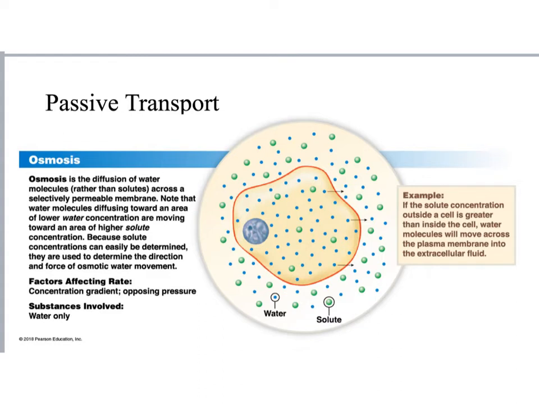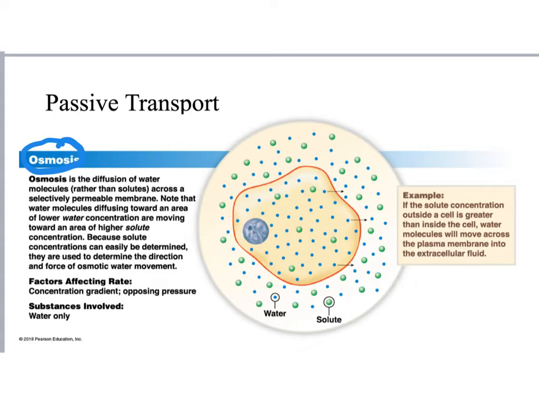Another form of passive transport is really just a modified type of diffusion called osmosis. So osmosis is the diffusion of water. Diffusion can refer to any substance that moves from high to low concentration. When we're talking about water in particular moving across cell membranes or across tissue compartments, we're going to use the term osmosis.